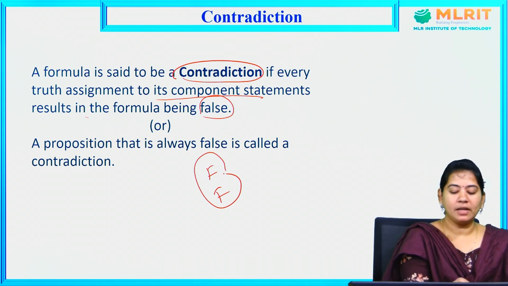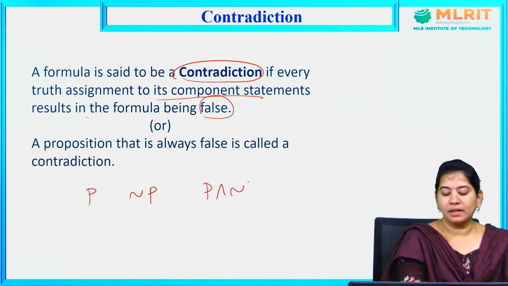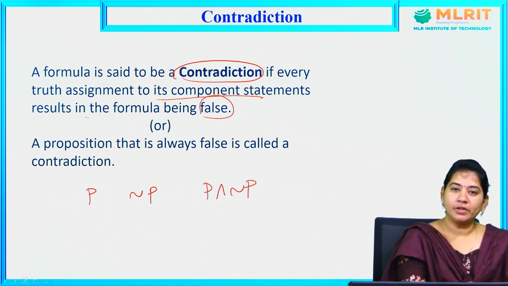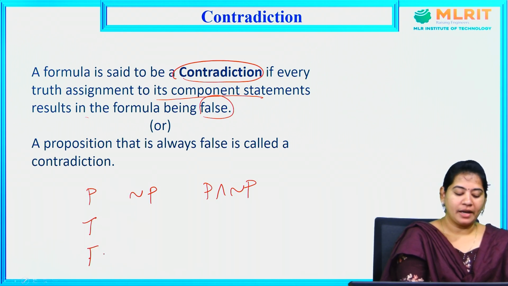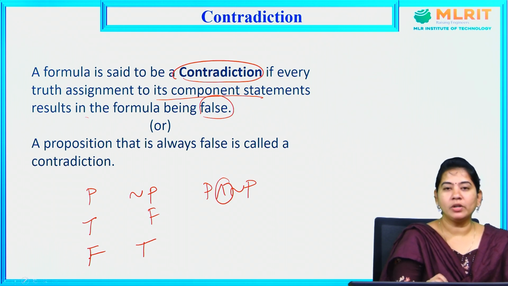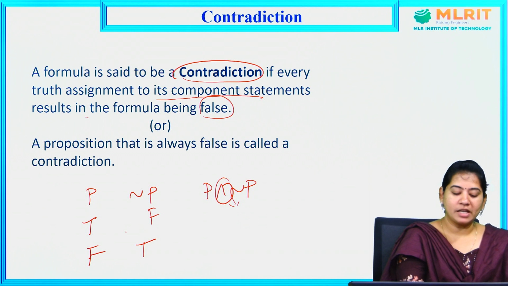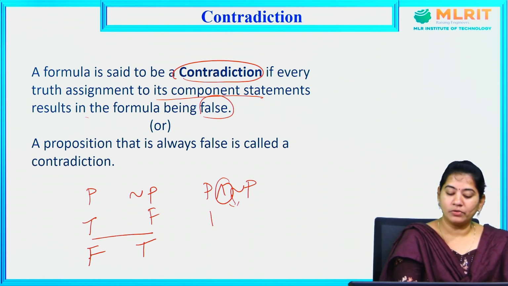So let us see one example here. P statement, and this is the negation P statement, and here we have P and negation P. Again we have one statement, so we get 2 combinations, and negation P will become false where P is true and true where P is false. Here we are going to apply conjunction. The conjunction rule is, even if one statement is false, the resultant truth value will become false.